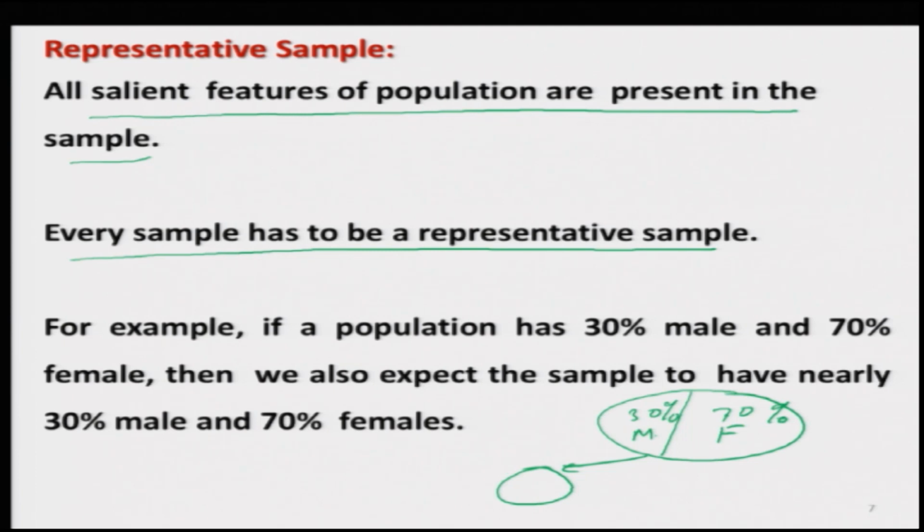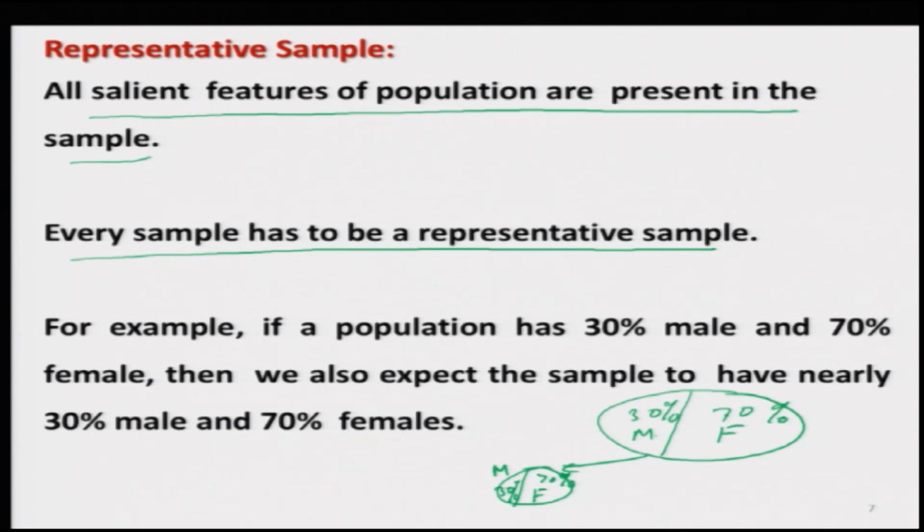Then we expect that 30% of the persons in the sample will also be male, and 70% will also be female. So, this is what we expect. Well, in practice this 30 and 70 is not exactly 30 and 70, but it is close to 30 and 70.